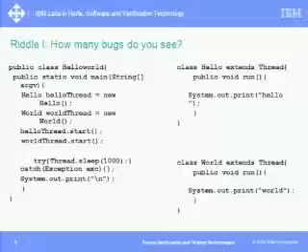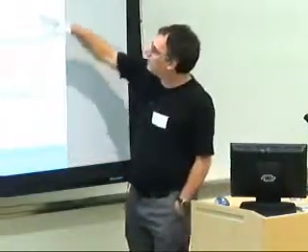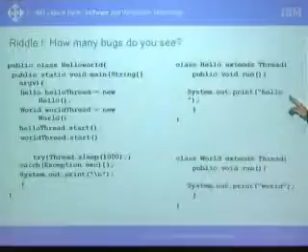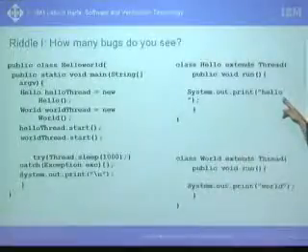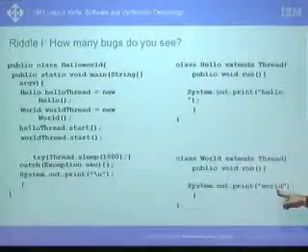Okay, so I'll give another example of bugs. We have a hello world, and I apologize, this talk was not written specifically for you, so it's in Java. I know that not all of you are extremely familiar with Java, but it will be the same thing. So we have two threads. One of them writes hello, and the other one writes world.